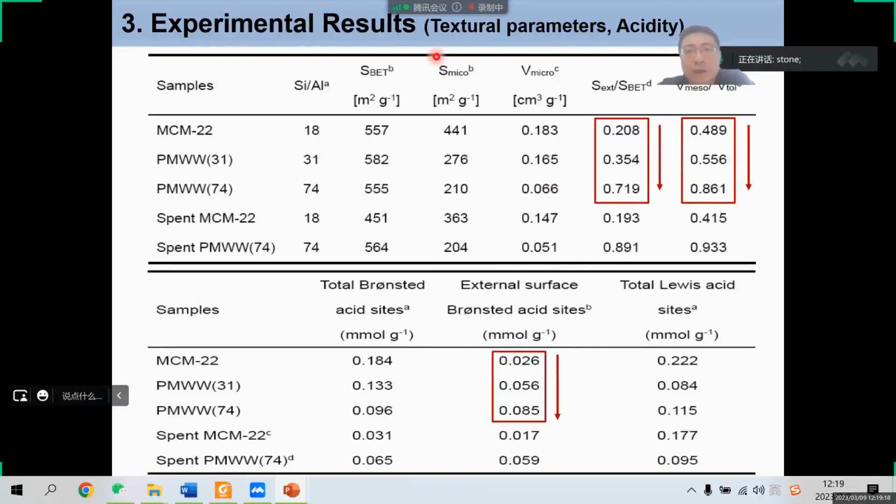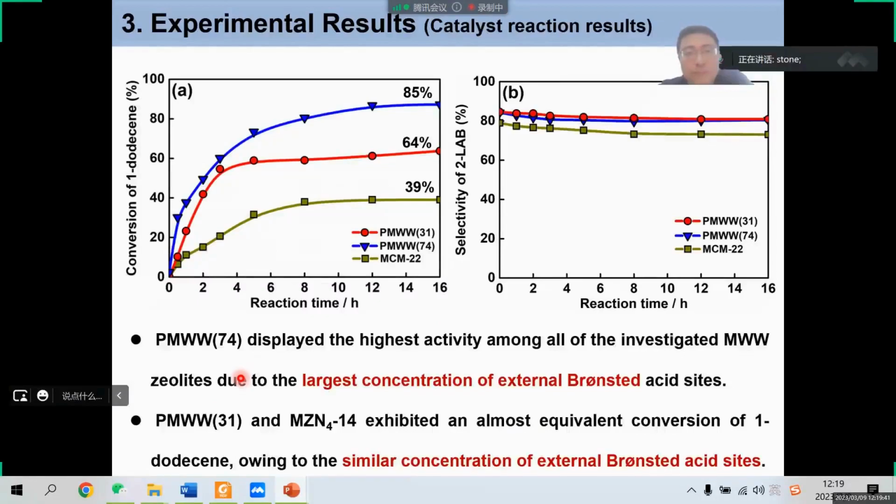This table also gives the texture parameters and acidity. From this table, compared with MCM-22, the repeated MWW zeolite exhibits a higher fraction of external surface area and microporous volume, and also a higher concentration of external Bronsted acid sites. That explains why the repeated MWW zeolite exhibits higher activity compared to conventional MCM-22.